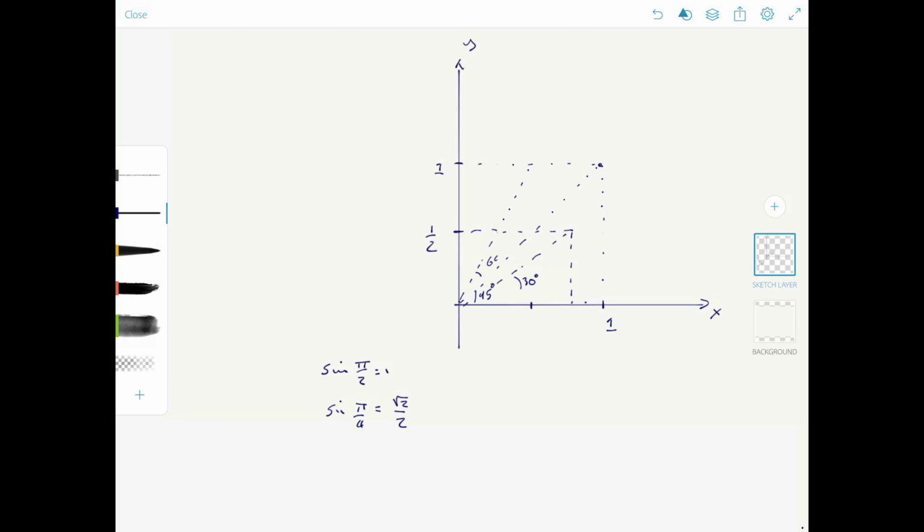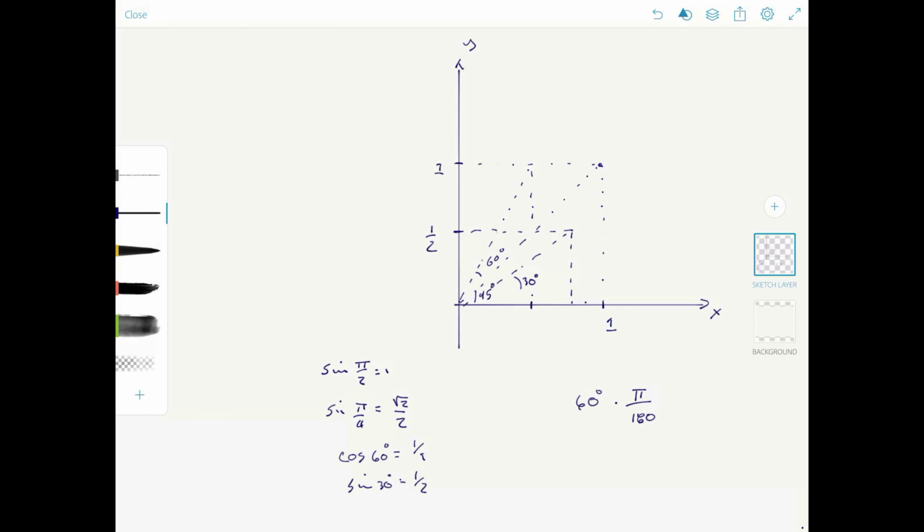We know that 1/2 in the vertical is when you have 30 degrees, and so somewhere in this direction you got the sine of this is 30 degrees, 60 degrees.